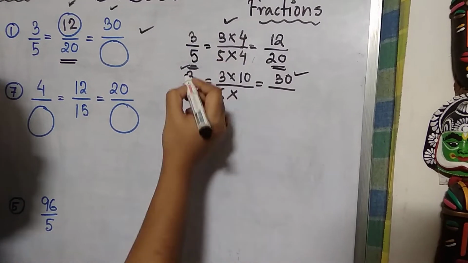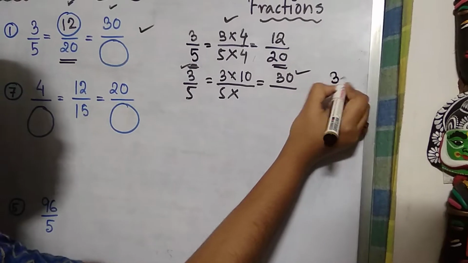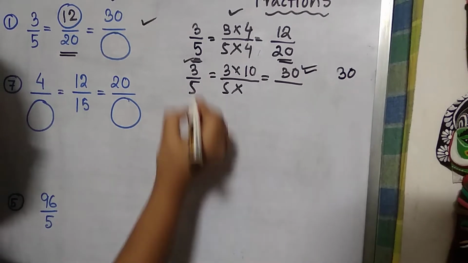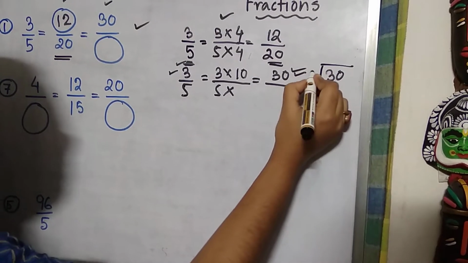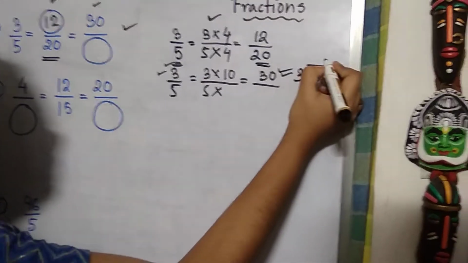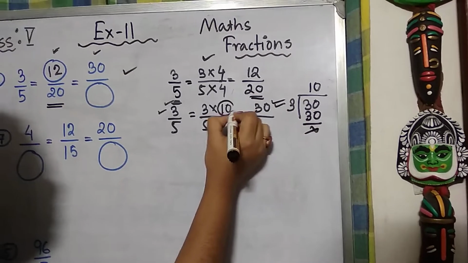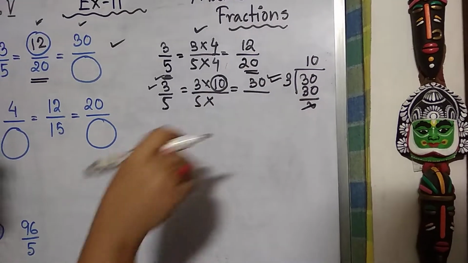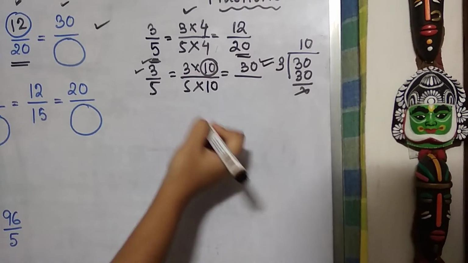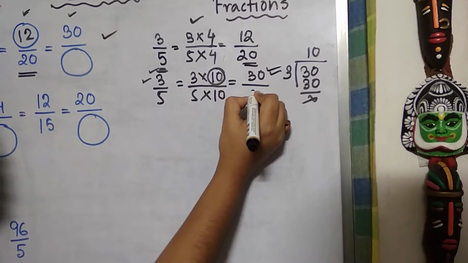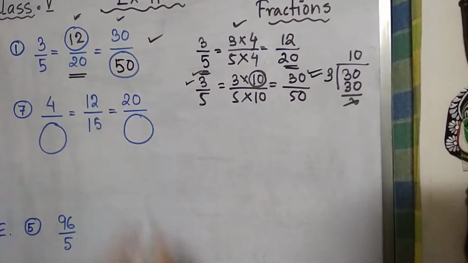Or if you find it a difficult number, you can always divide the given number by the previous number. For example, if I divide 30 by 3, it gives 10. That is going to be multiplied here. In this way we can find this also. So we multiply the numerator and denominator both by 10. So it will give 30 by 50. So here it will be 50.